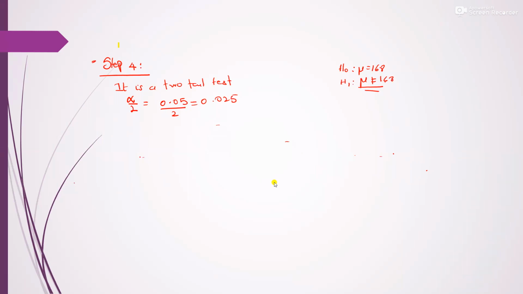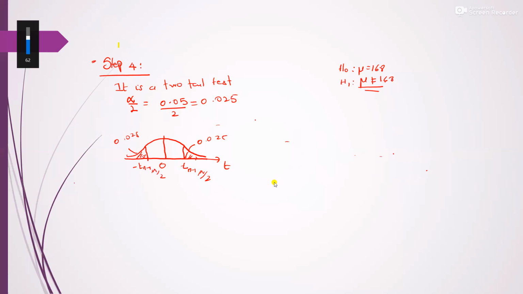Alpha by 2, right? So now here we have a T distribution. It's also bell-shaped. It is 0.025. It is 0.025. It is T n minus 1, alpha by 2. It is minus T n minus 1, alpha by 2. Right?